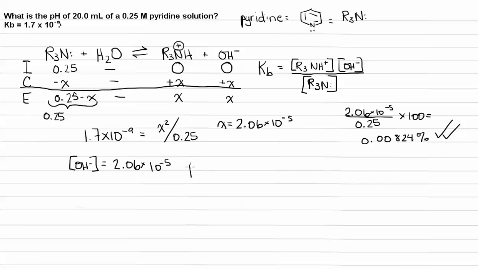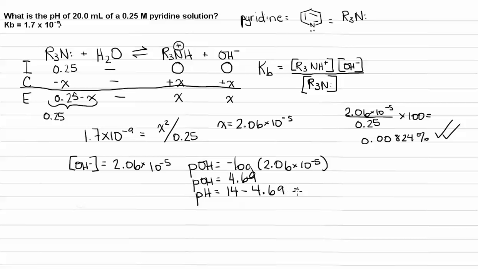That means that our pOH is equal to the negative log of the hydroxide concentration, 2.06 times 10 to the minus 5. This gives us a pOH of 4.69, and the pH is 14 minus the pOH, giving us a pH of 9.31. And it makes sense, because this is a weak base, so we should have a basic pH.